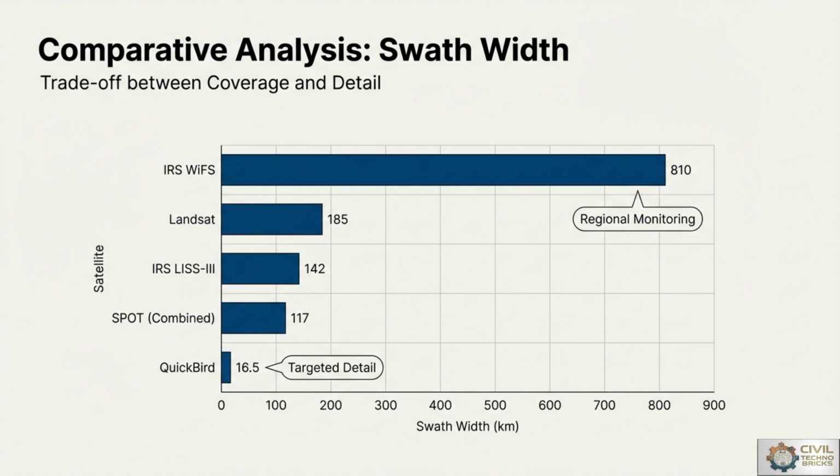This is explained with a bar chart of swath width in kilometers for the types of satellites available. Here the swath width is largest for IRS WiFS, at 810 kilometers, and smallest for QuickBird, at only 16.5 kilometers. Likewise, we can comparatively analyze swath width for the types of satellites.